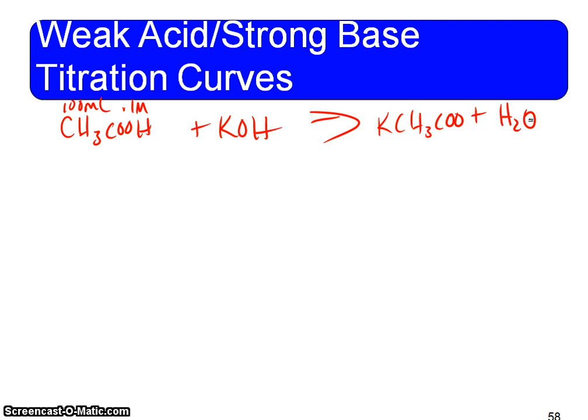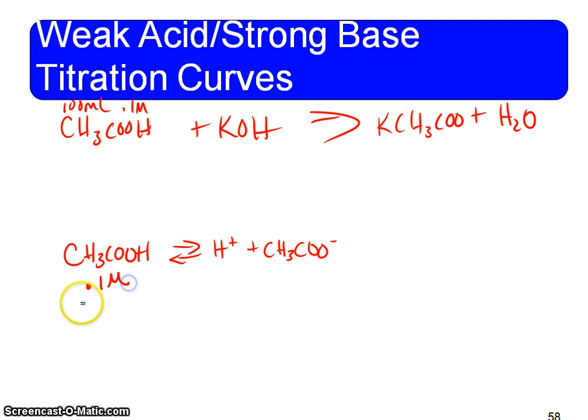How do we find the initial pH? Just negative log of 0.1? No, can't do it like that. It's a little bit different, right? So before we start, all we have is CH3COOH, which in solution is ionized into H plus and CH3COO minus.